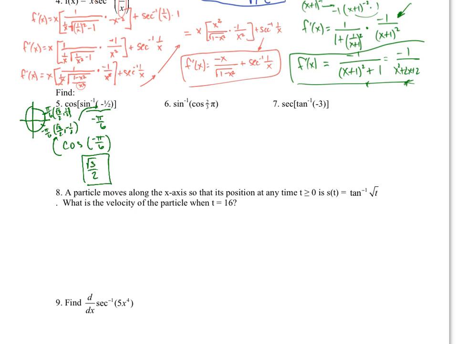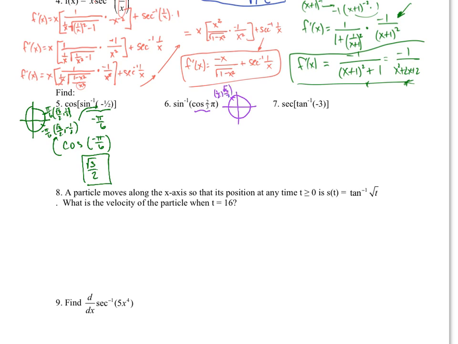Okay, moving on to number 6. It's very similar in that it involves knowing our unit circle. So let's take a look here. Let's choose purple. The cosine of 2 pi over 3. You take a look at your unit circle. 2 pi over 3 is right around there. And this coordinate is 1/2, comma, root 3 over 2.